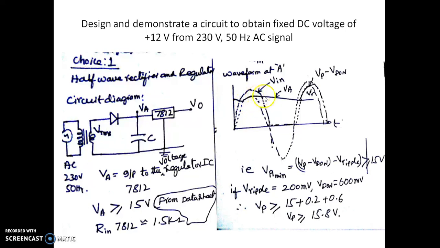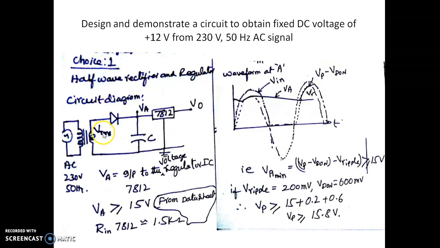It goes till the peak and then goes down, and we know that this input peak is given by Vp. The voltage to which the capacitor will charge is Vp minus Vd on.